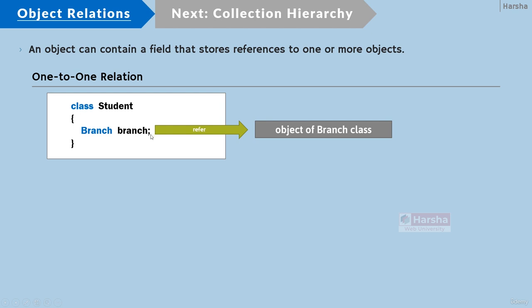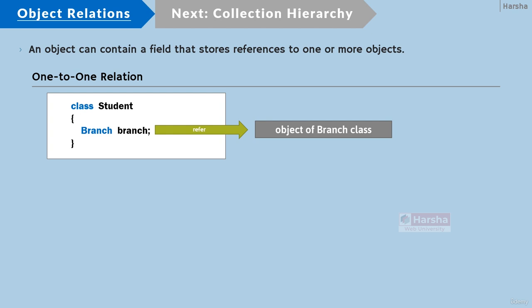So it is the reference variable, at the same time it is the field. It is the reference variable that contains reference to an object of branch class. And as it is declared inside the student class, it is the field of the student class. So this type of referencing fields causes object relations.